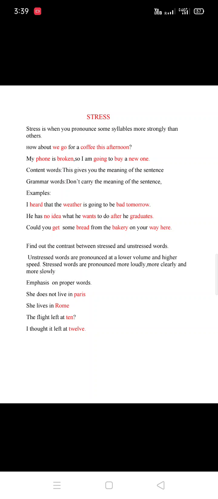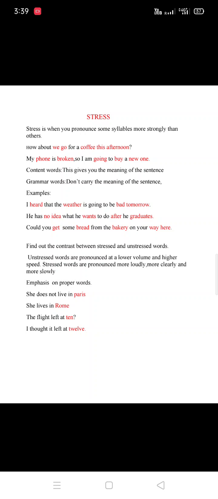If you remove the content words, the sentence will be meaningless. Like, suppose in the first sentence, if you remove the content words and keep only "how about for a", there is no meaning.